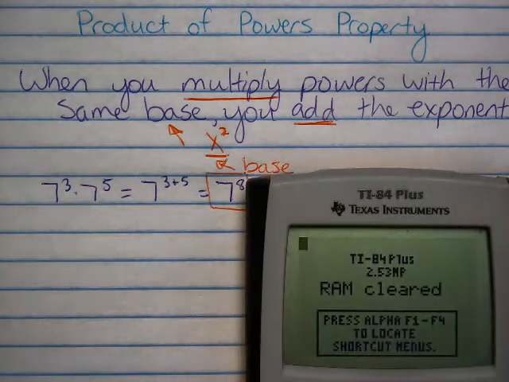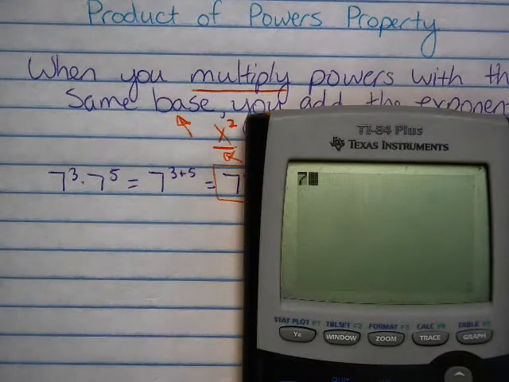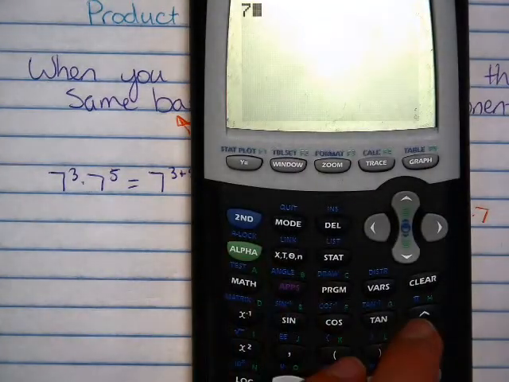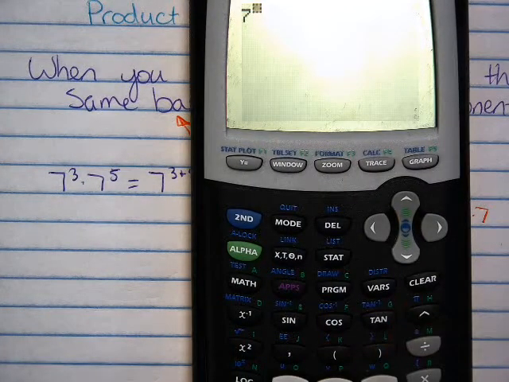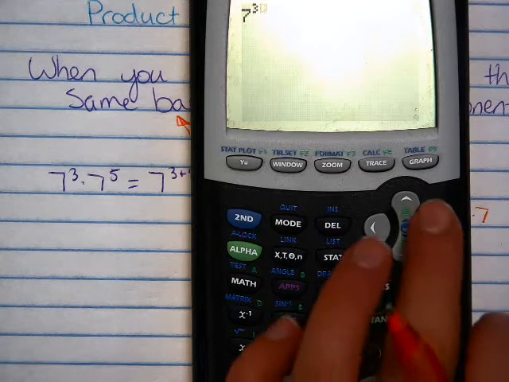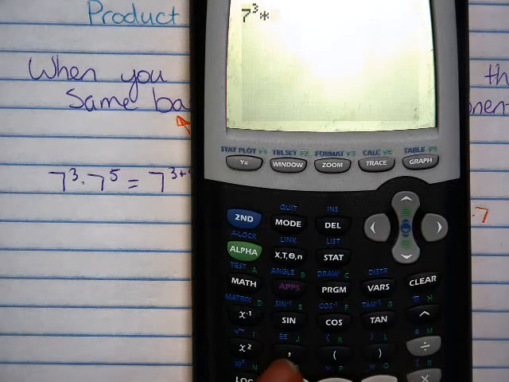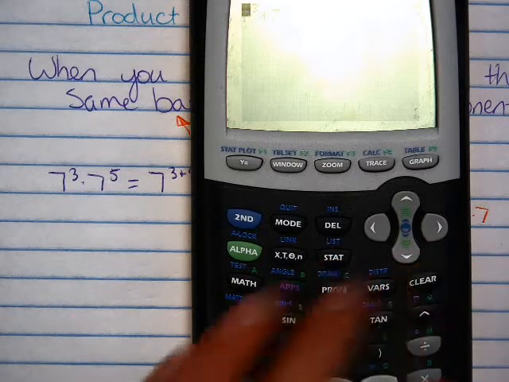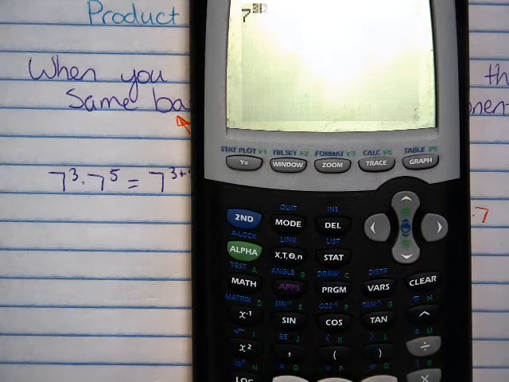Awesome, but let's say we think we're right but we're not 100% sure. Let's put it in our calculator. 7 cubed, and to do this you use this little button called a caret. It goes up, cubed, times 7 caret 5. To get out of the exponent, you have to use this right arrow. So 7 cubed, I don't want everything in the exponent, so I arrow over, times 7 to the fifth.